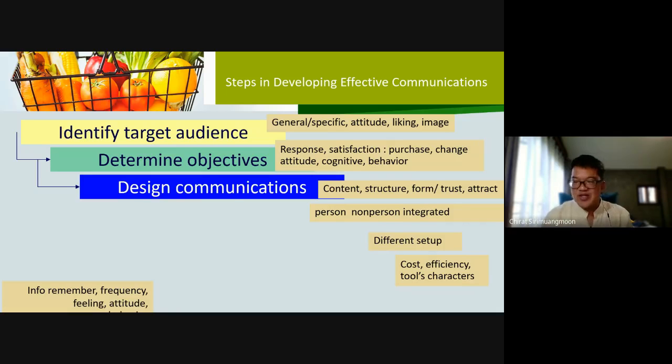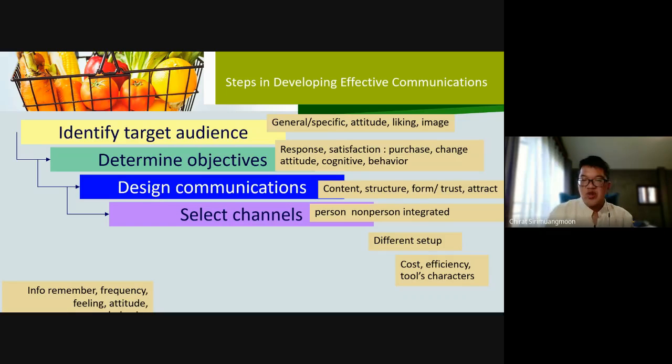And then don't forget that you need to have some person who you can trust and who is attractive enough to be the influencer. So communication is not just anyone, but if you want to have good communication, please select suitable influencers as the person who is going to communicate that information.